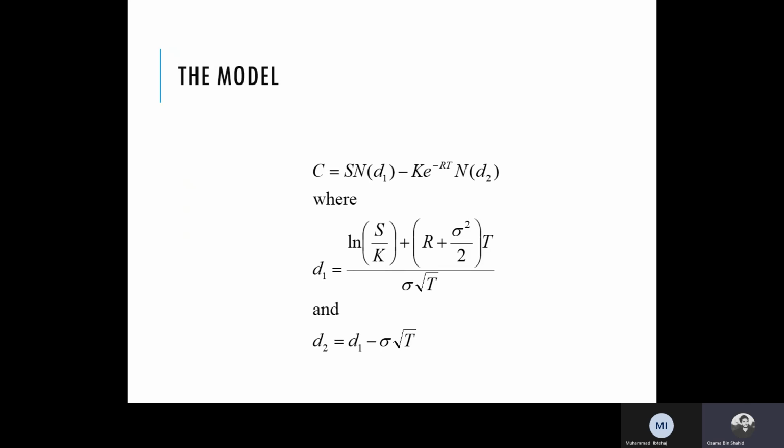So what is the model really? It is a formula that calculates what premium is accurate, or what premium is necessary to pay for the option.